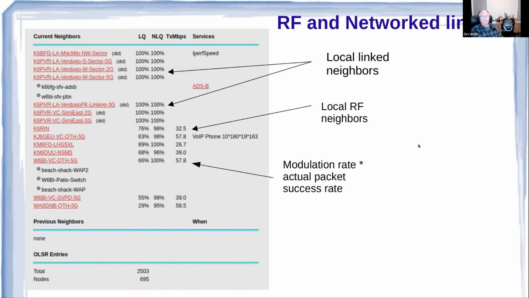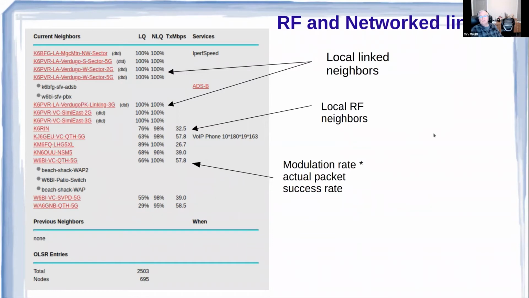We saw that during packet storms up until last year, when they rolled in the packet storm fix. If it's an actual local RF neighbor, this is the TXmbps, the modulation rate times the percentage of packets. For instance, mine is 57.8 megabits per second.